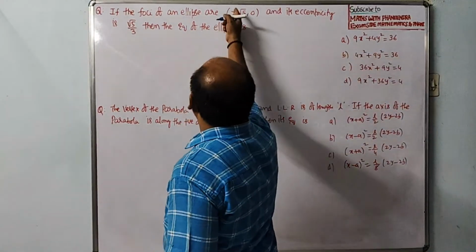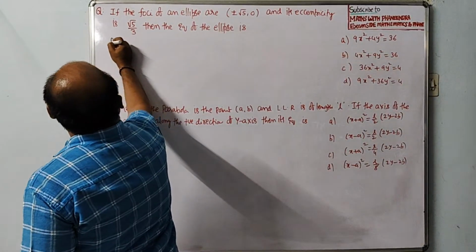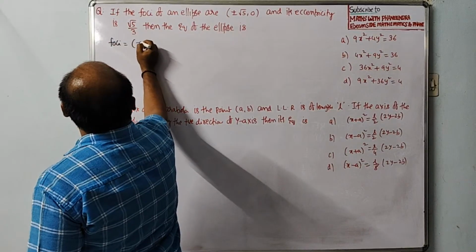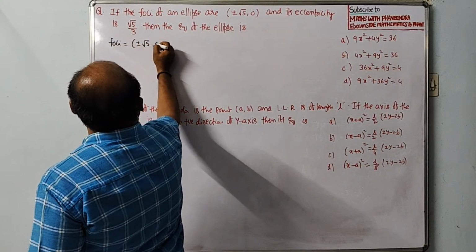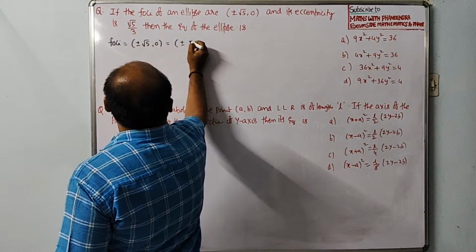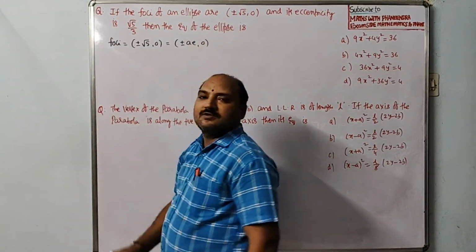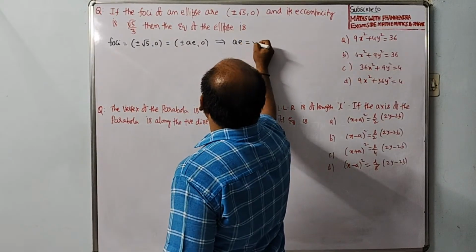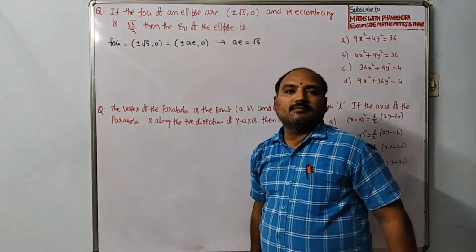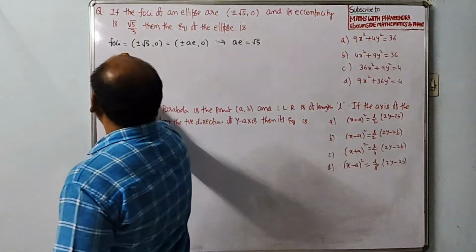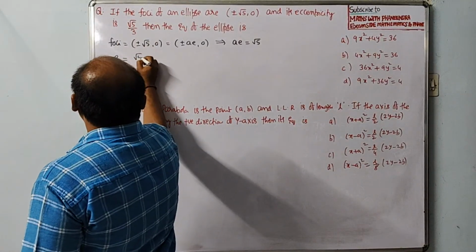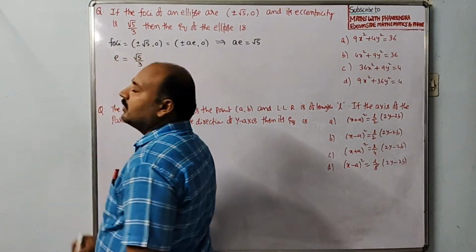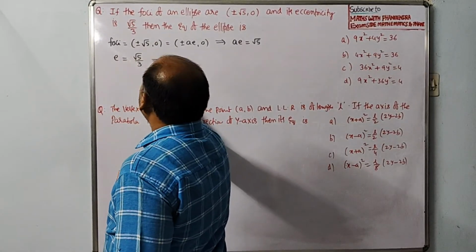The foci of an ellipse. Here, foci represents, we know that, plus or minus root 5 comma 0 is equal to plus or minus AE comma 0, dear students. So it implies that AE is equal to root 5. Am I right? Next, eccentricity value is given. E is equal to root 5 by 3. What is the value of E?